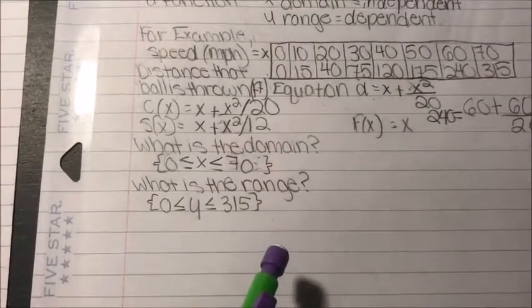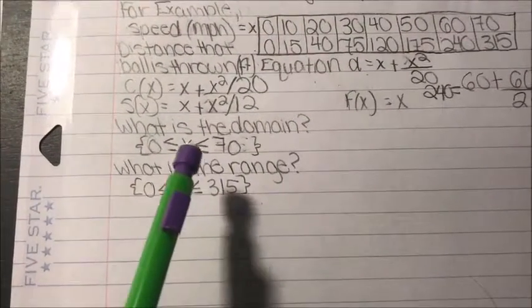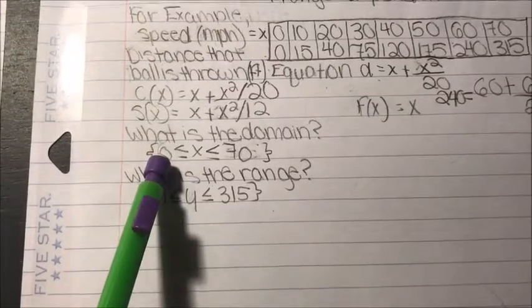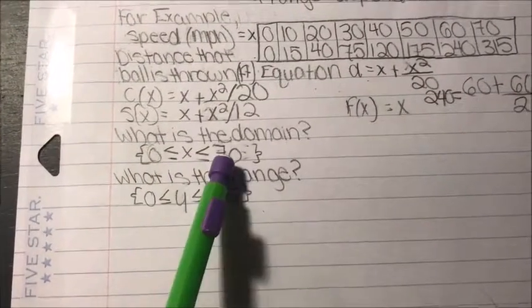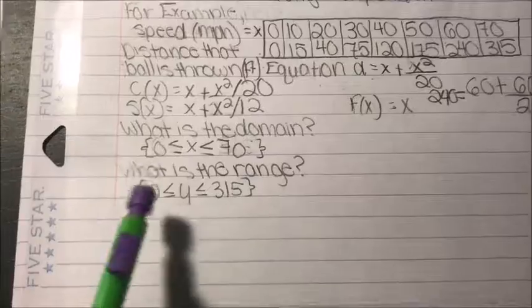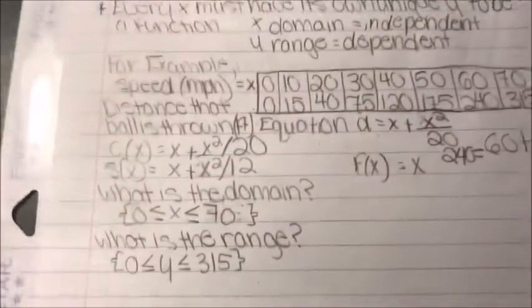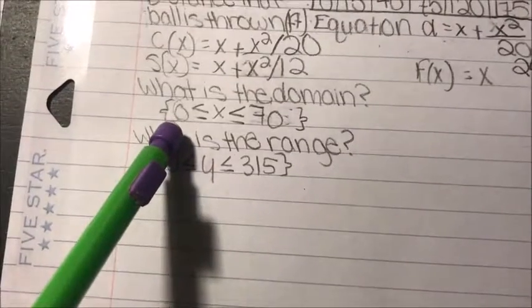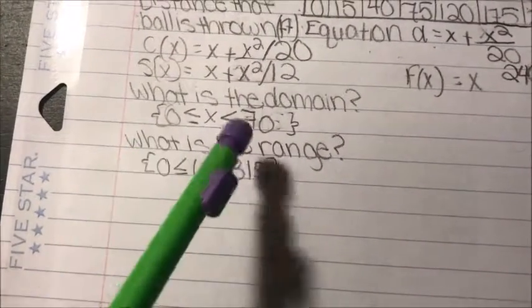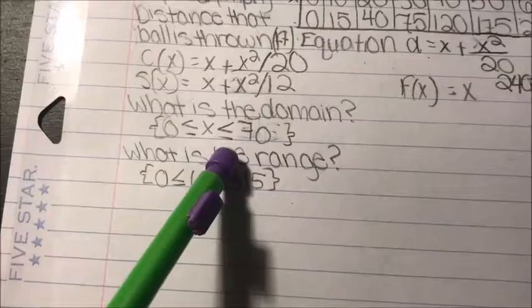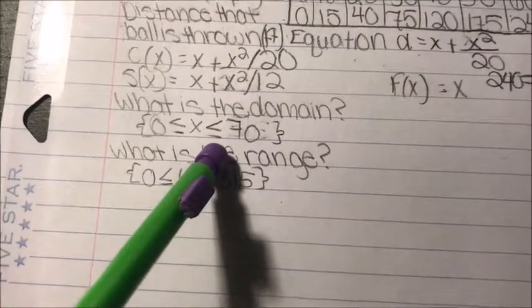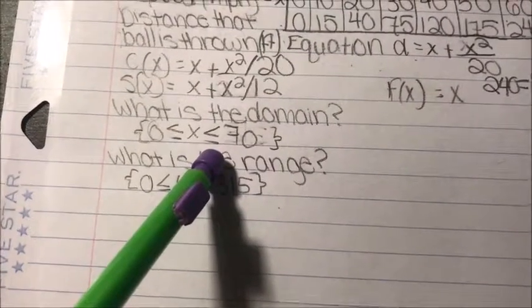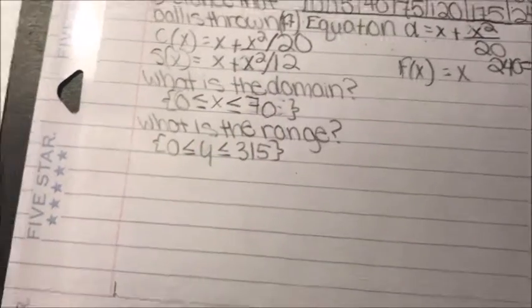You would put it in set builder notation: the domain for this ordered pair would be 0 is less than or equal to x, which is less than or equal to 70.